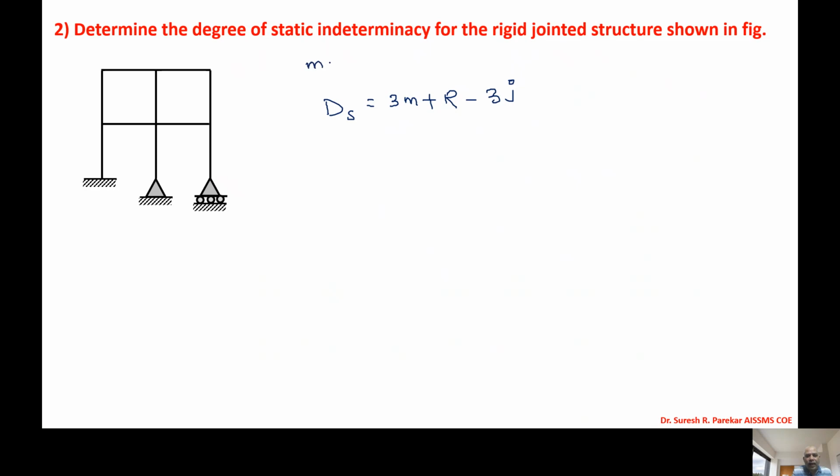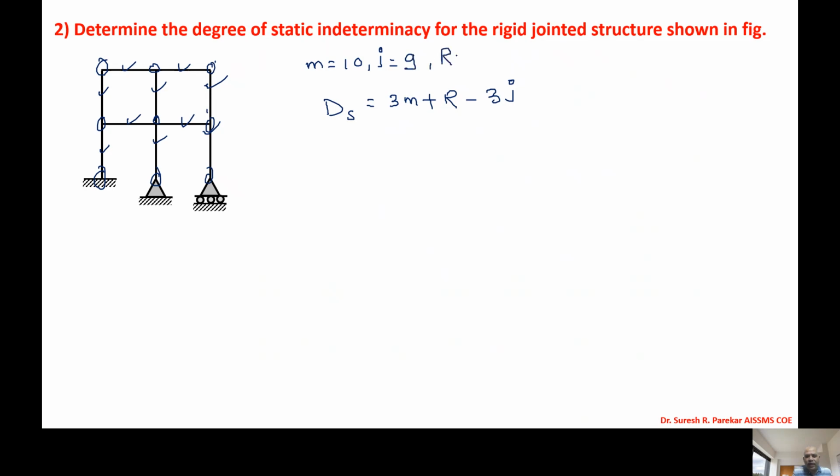Now m we count as 10. J we count 1 through 9, so j is 9.